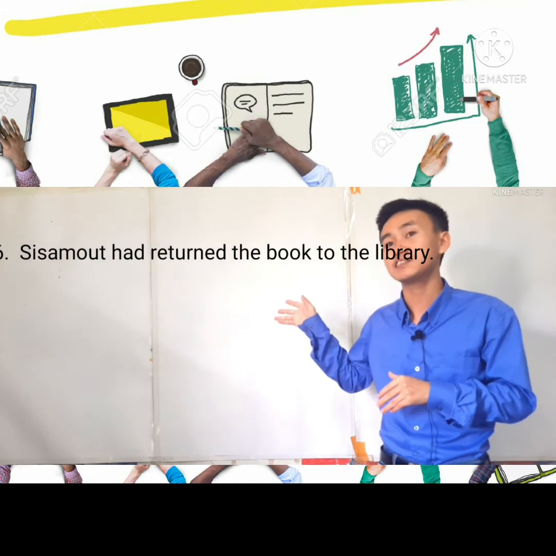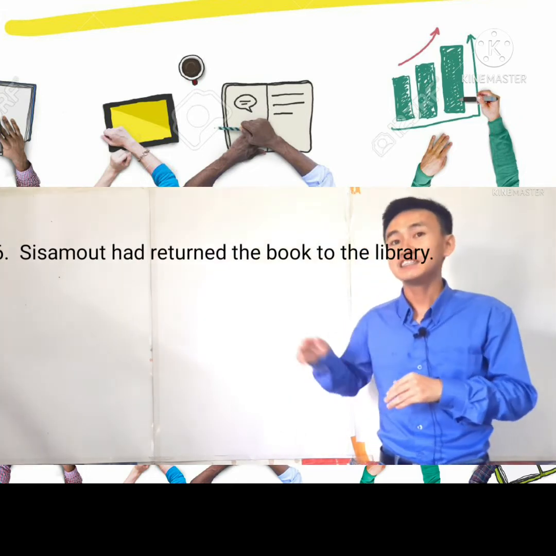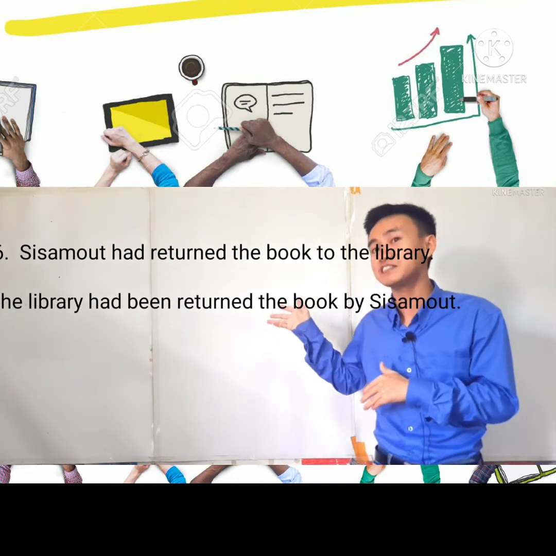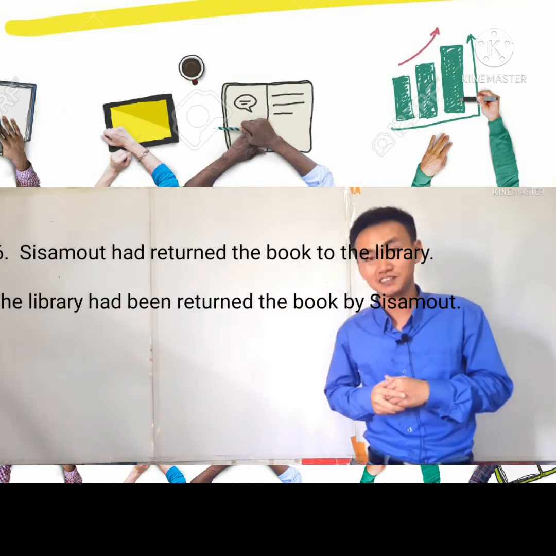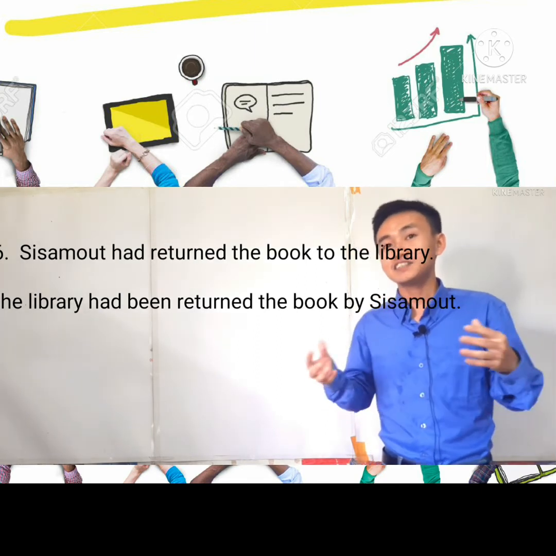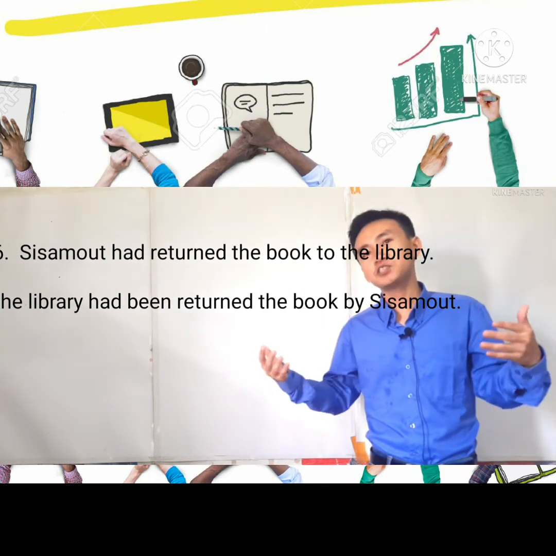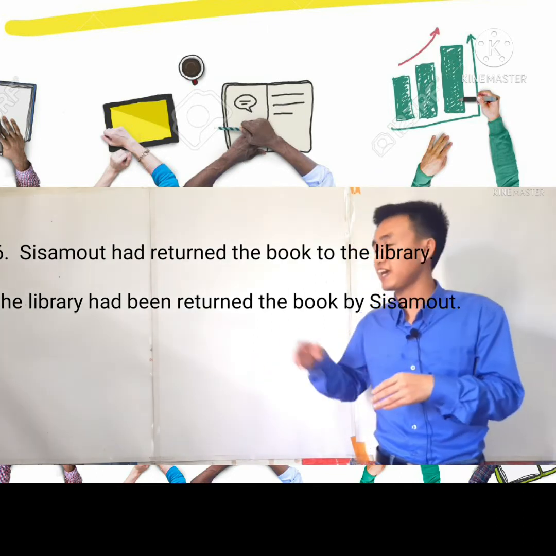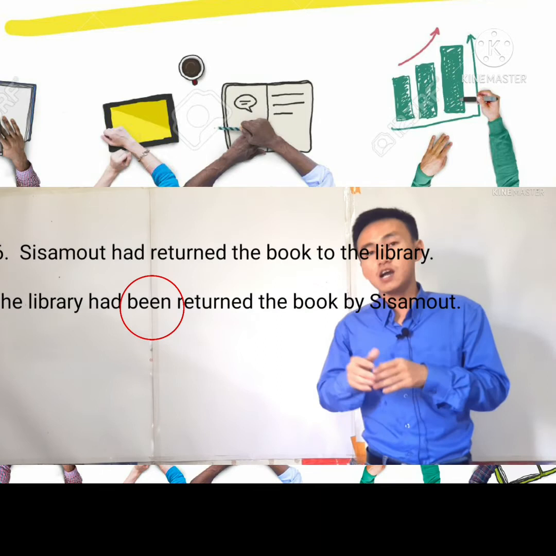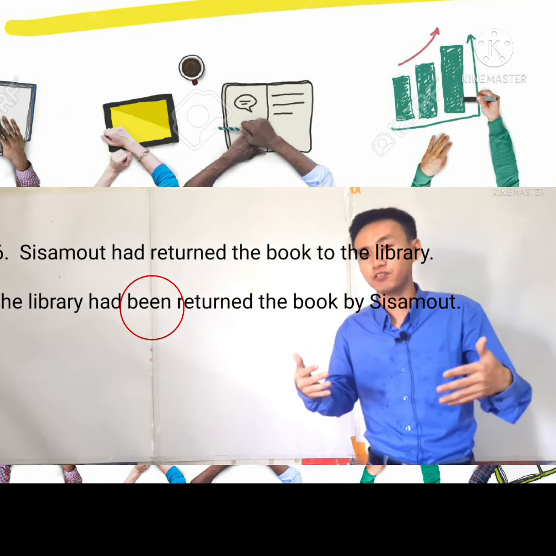Alright, and let's look at number 6. Simon had returned the books to the library. The library had been returned the book by Simon. In this one, it's a past perfect, right? And we don't need to change much. We just add been after the word had, because it's a past perfect, right?